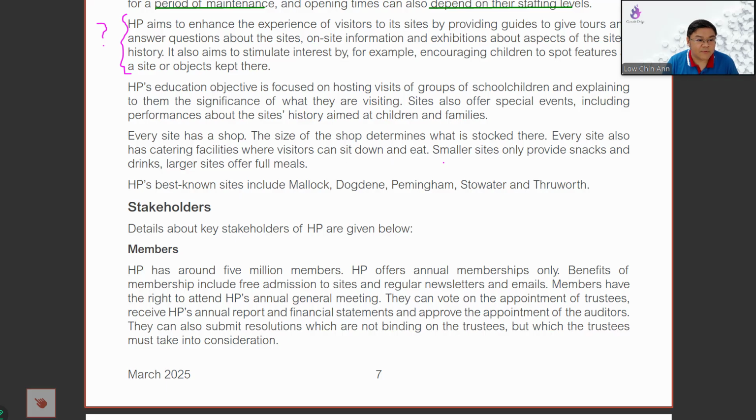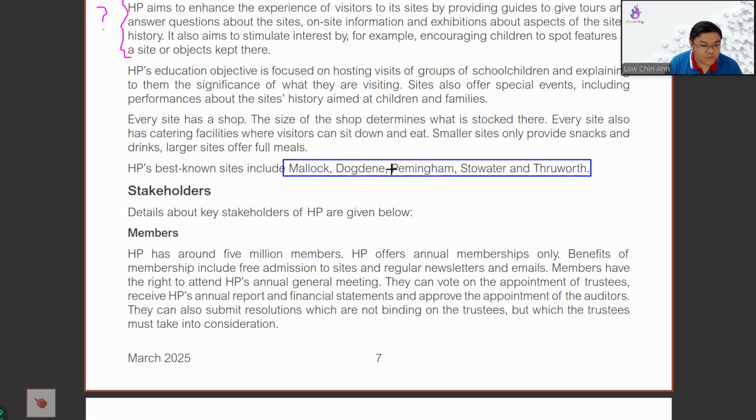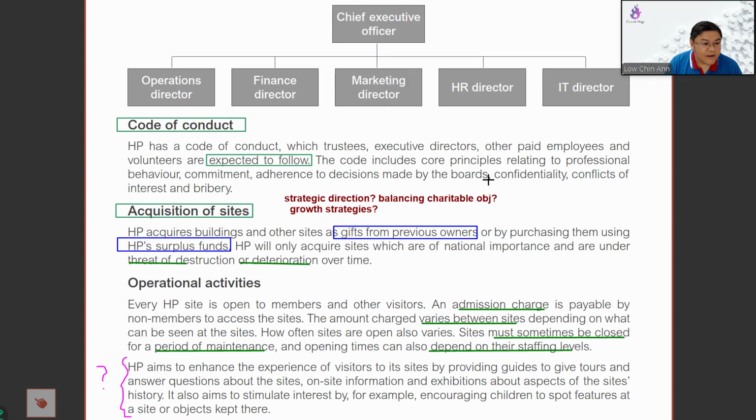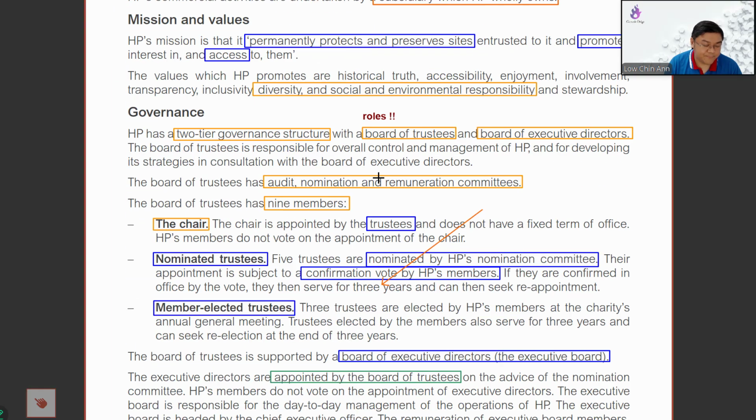Smaller sites only provide snacks and drinks. Larger sites offer full meals. It's similar to what we read just now. HP's best known sites include Mallock, Dogdean, Birmingham, Stowwater, and Trueworth. Okay, so these are the sites that they are saying. So 1, 2, 3, 4, 5 out of 350, right? Yeah.